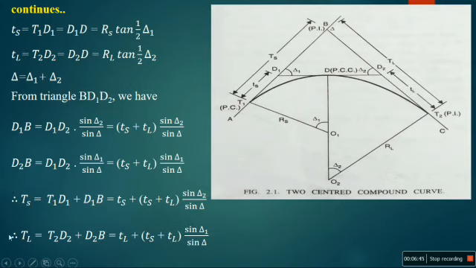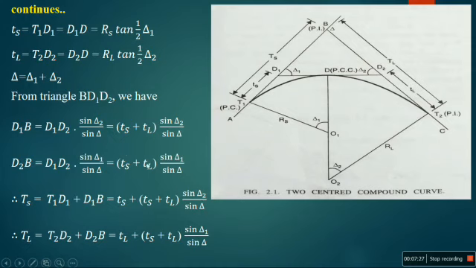Therefore, the last step: capital TS is the distance from T1 to the point of intersection B. TS is nothing but small ts, or T1 D1, plus D1 B. Here T1 D1 is small ts, and D1 B we have just found, so TS equals small ts plus D1 B. Similarly, TL is T2 D2, that is small tl, plus B D2.